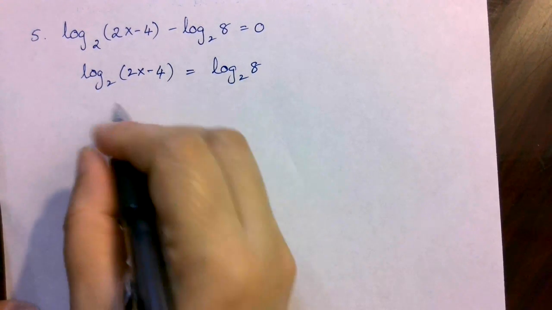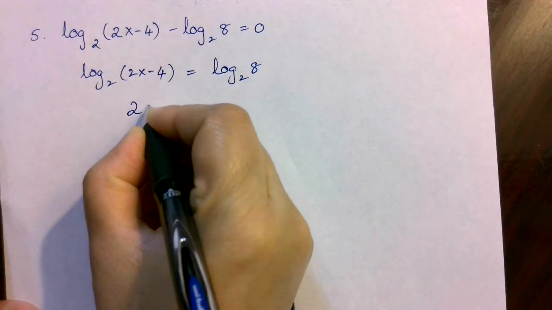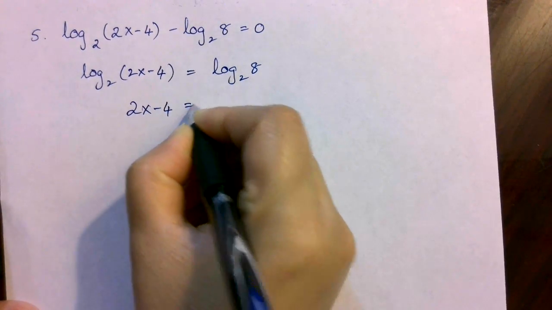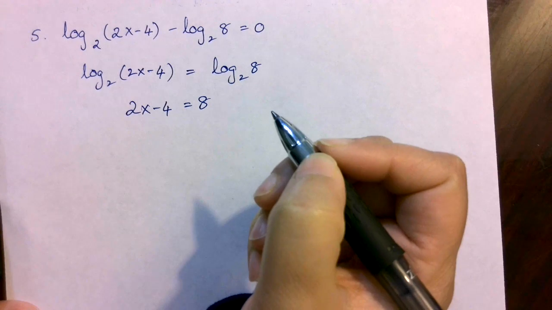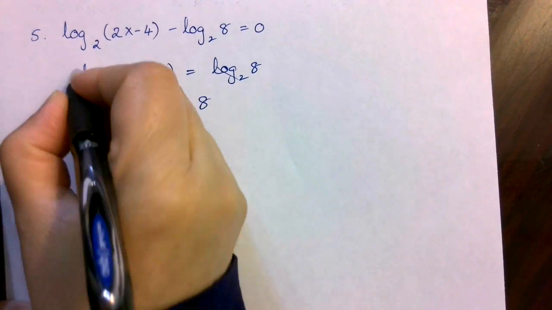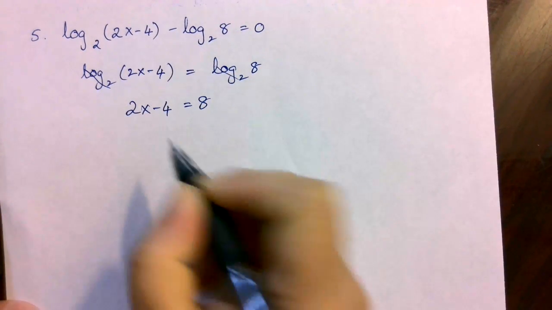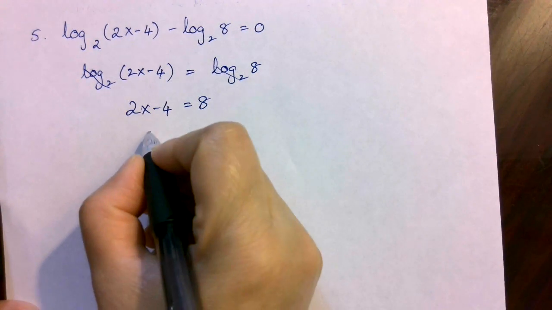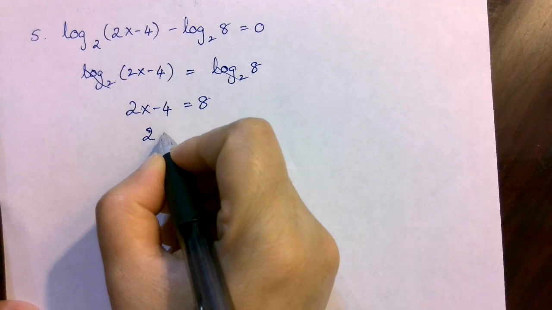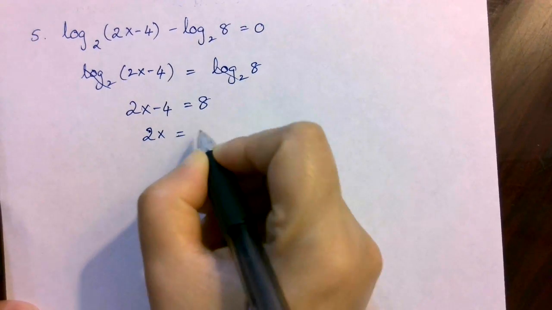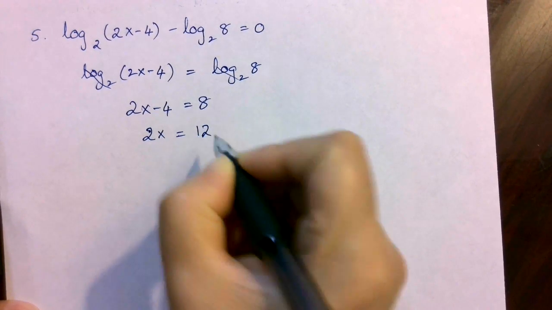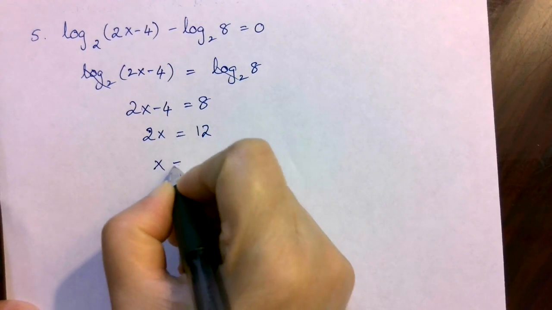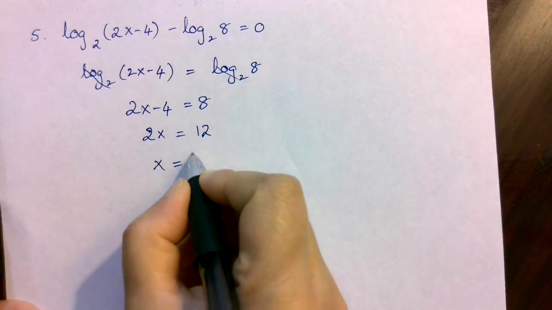So if you do that, you get 2x minus 4 equals 8. We got rid of the logs on both sides. Now we have to solve for x, add 4 to both sides, use inverse operations. That gives you 12, x equals 6.